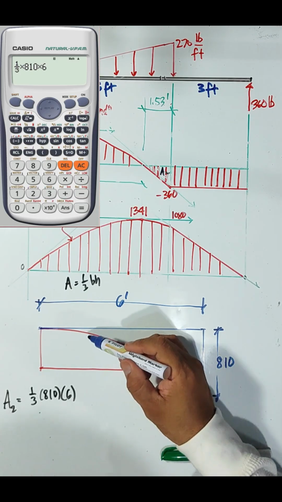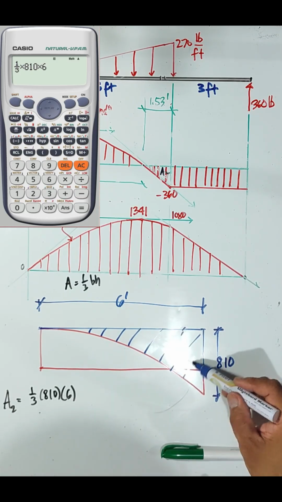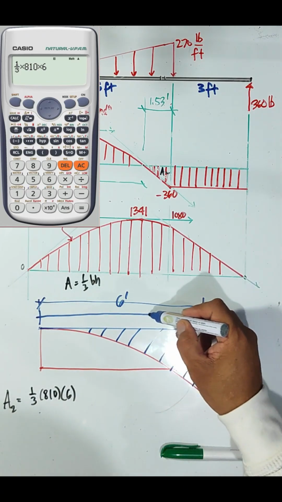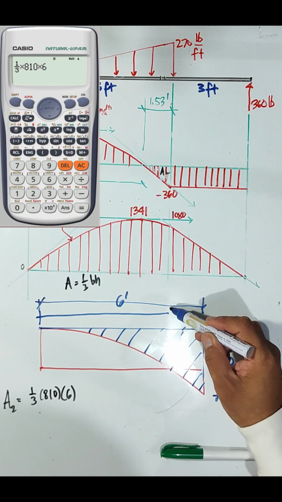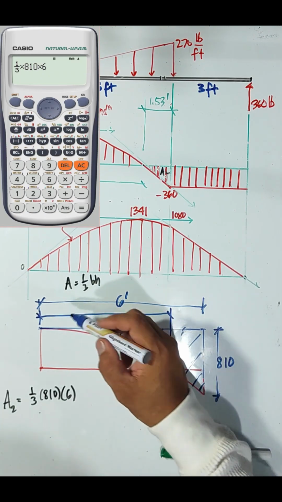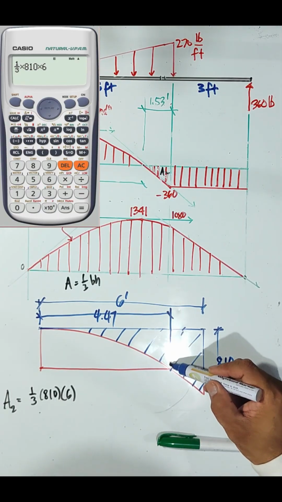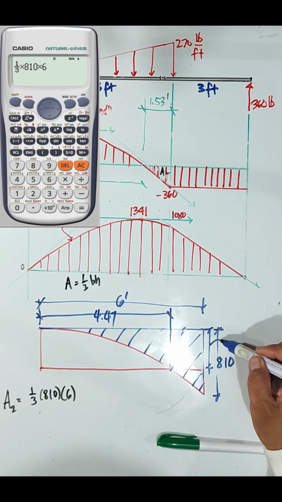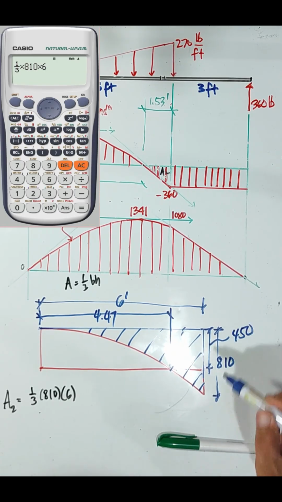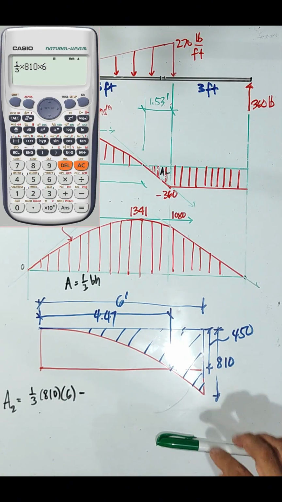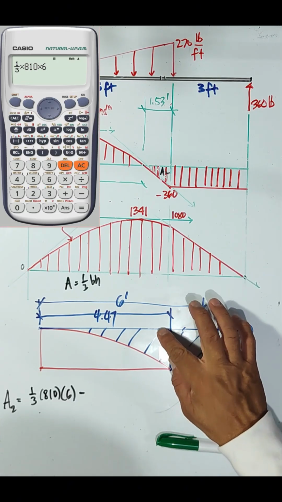But we are solving for this area here. We only need this part here. But we know this distance also, this one here is 4.47. And we also know this distance, that's 450. So if we are going to subtract that area, we will subtract this area here.